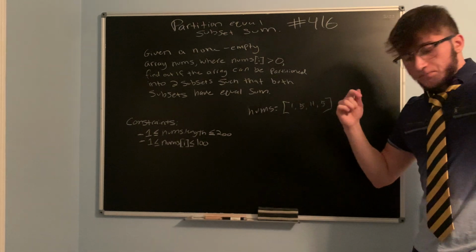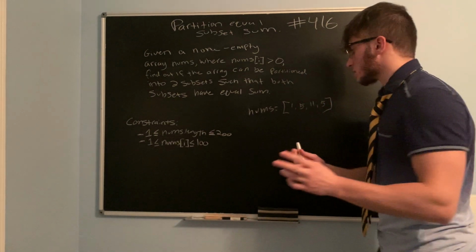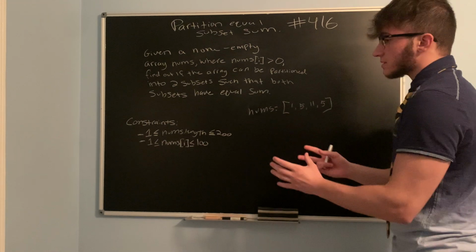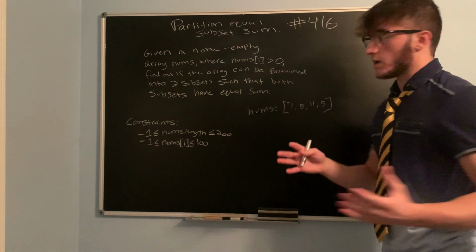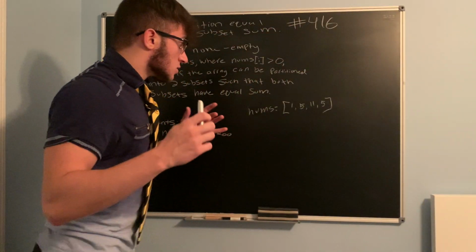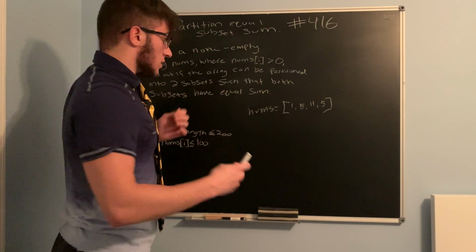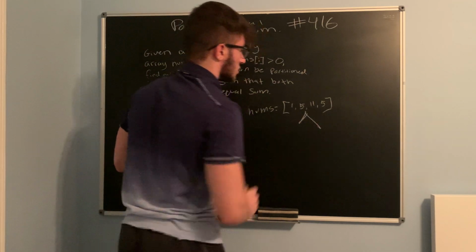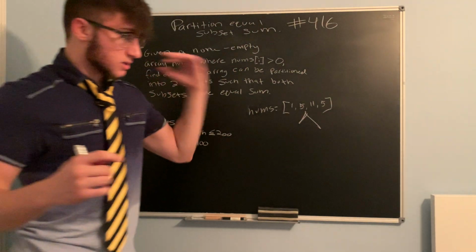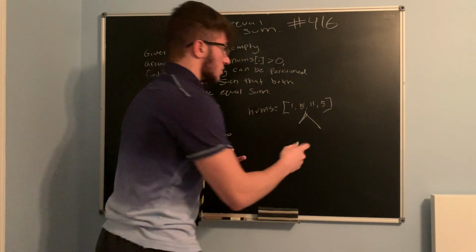And we have to split this array up into two subsets such that both subsets, if you add all the numbers in them, have an equal sum, right? So what do we do to do that? Well, if we're dividing this into two different subsets, they have to be completely equal in terms of sum.